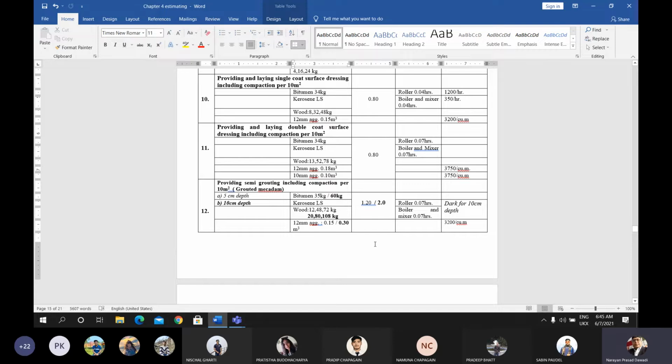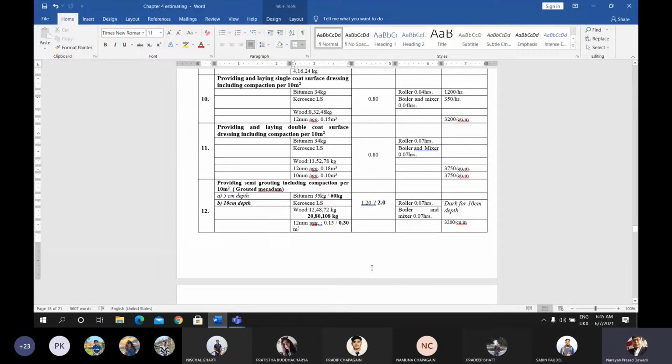If you are provided with a specific thickness of depth, then do it for that thickness. Otherwise, if you are only provided with semi-grouting or penetration macadam, including compaction, for such meter cube or such square meter, then you can do it by yourself.